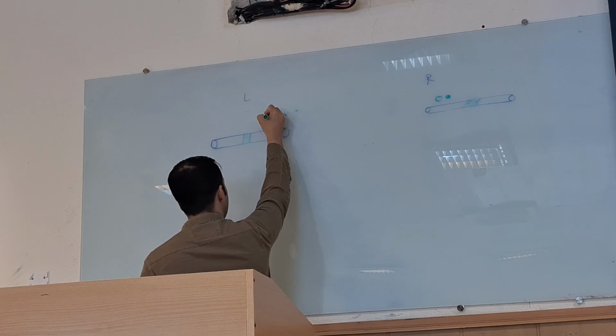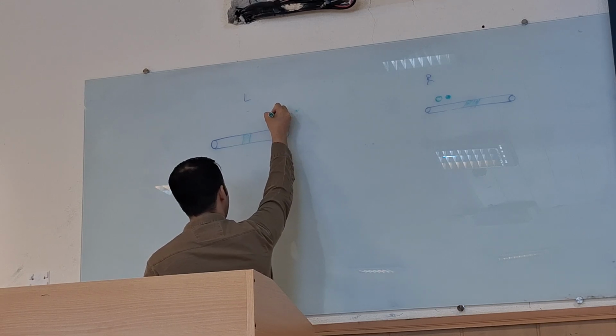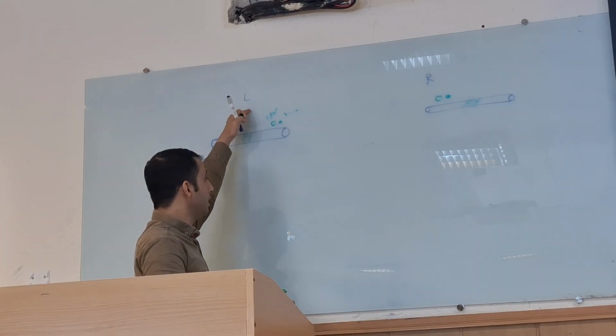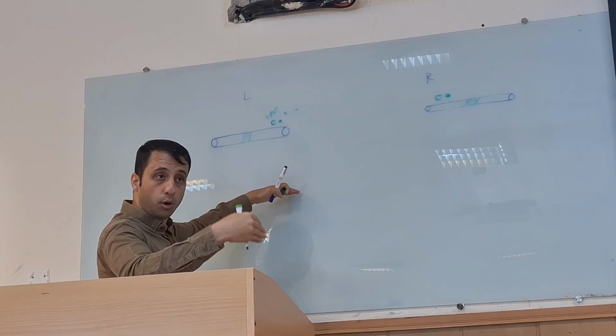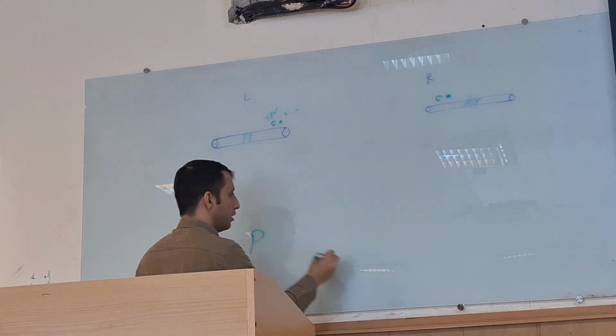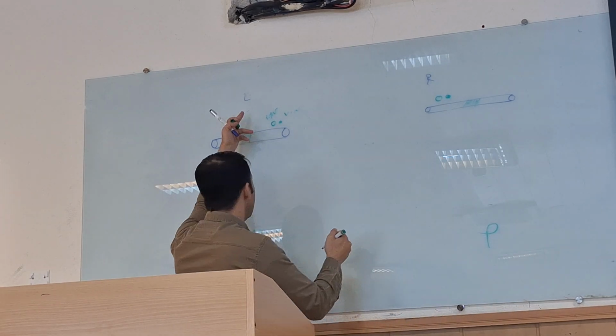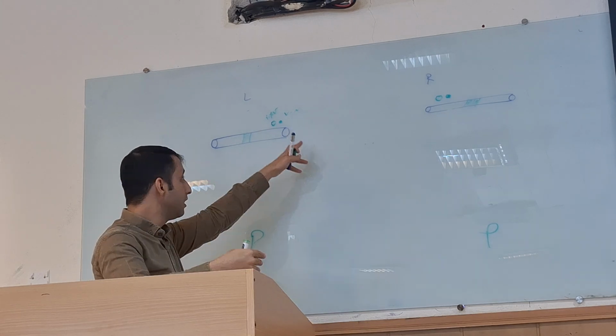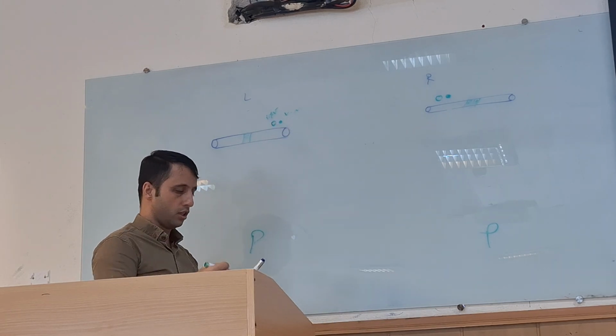Vagus nerve, internal jugular vein. In both sides, the vein is anterior, and this is posterior. In left and right, in both sides, anteriorly we have these two structures.